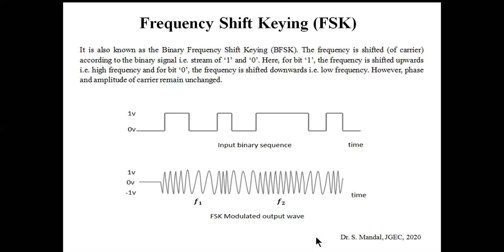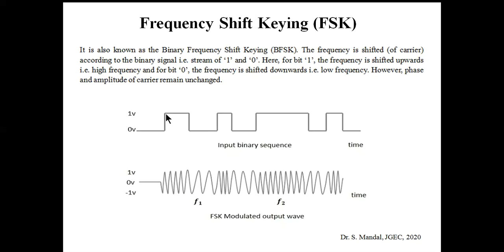You can see that this is the input binary sequence. Normally, if we consider unipolar signaling, then 1 is represented by 1 volt and 0 is represented by 0 volt. As per the definition of FSK, for 1, the frequency of the carrier is shifted upwards.